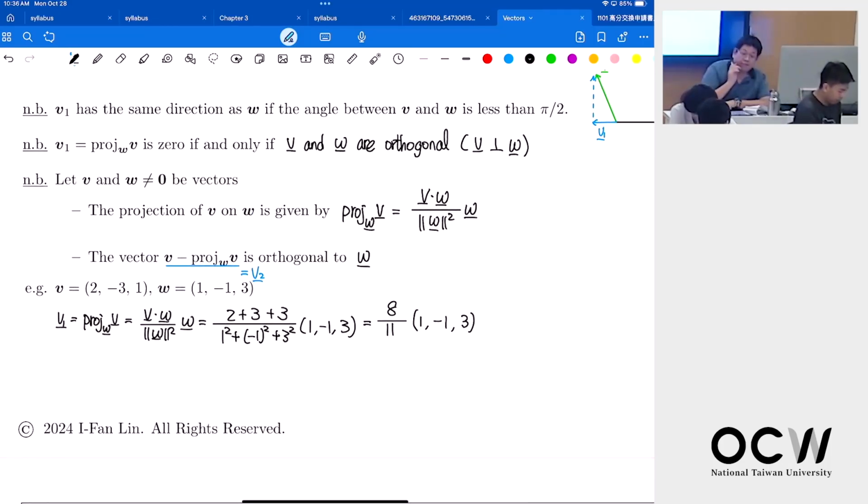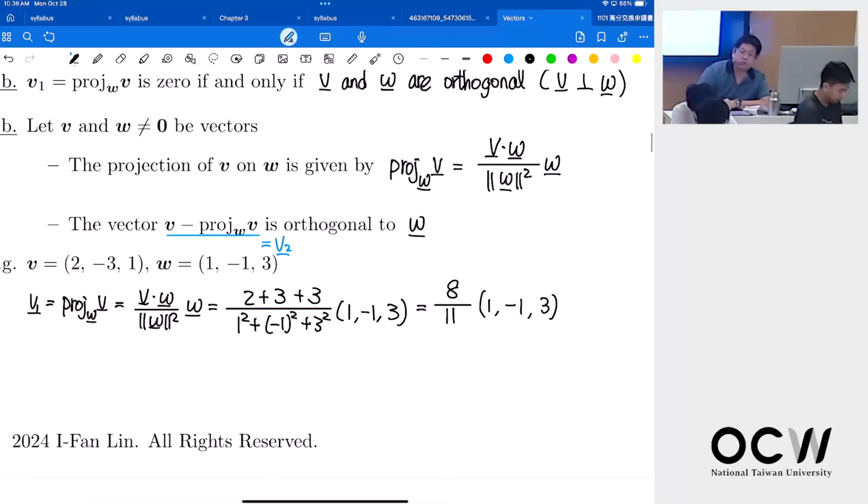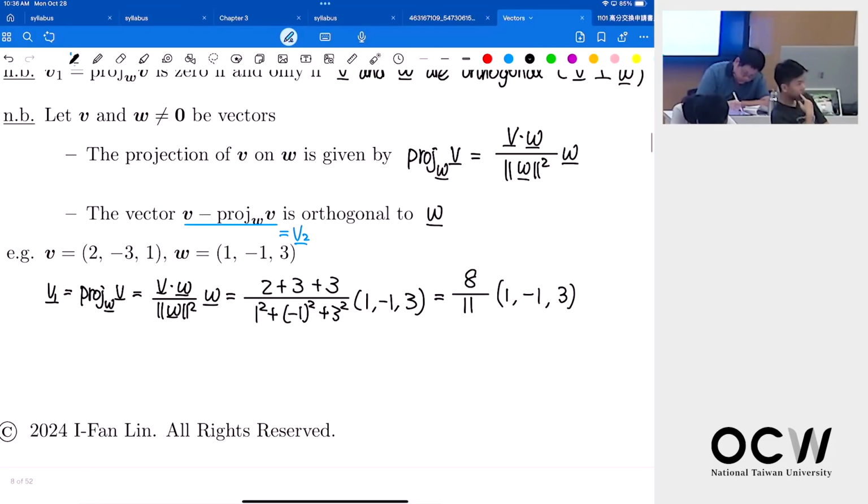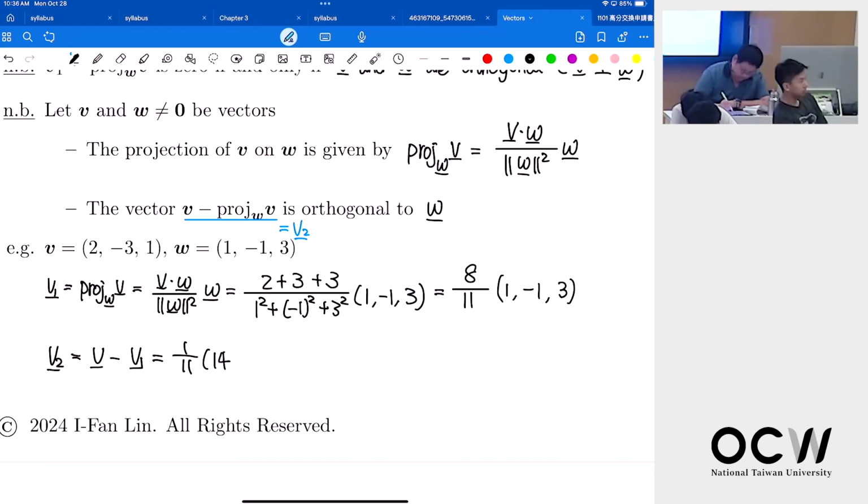You can also find v2, which is perpendicular or orthogonal to W. So v2 is v minus v1. It'll be 1 over 11 times (14, minus 25, and minus 13).